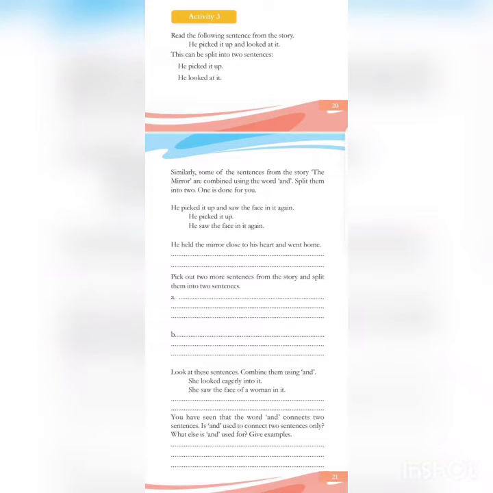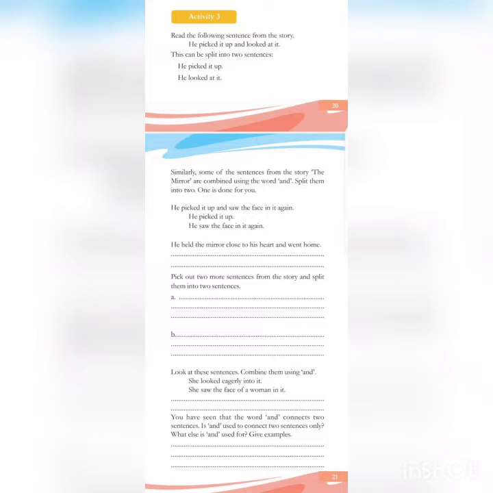On the same page, the man was annoyed and snatched the mirror from her hands. How will you split it? The man was annoyed. Second, he snatched the mirror from her hands. In the second sentence, we use he, not the man.